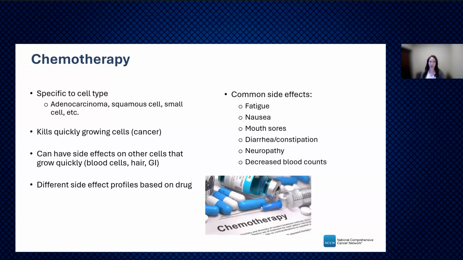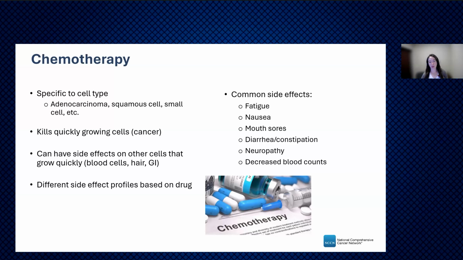Generally, what I'll educate patients about is that chemotherapy kills quickly growing cells. That's primarily going to be cancer cells that are just dividing. Therefore, our side effects are going to be on some other cells in your body, innocent bystanders that grow quickly. So your bone marrow churns out different blood cells: red blood cells, white blood cells, and platelets.